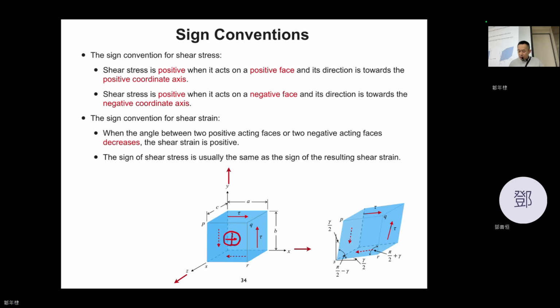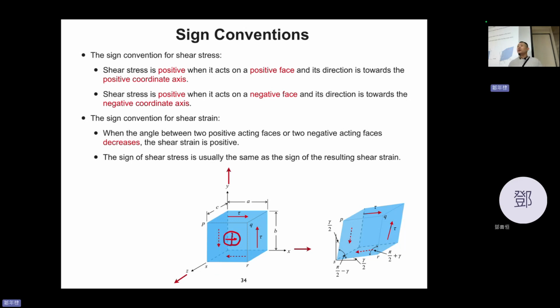Next one, if your shear stress is acting on a positive surface, and your direction goes along positive y direction, plus times plus is positive. 正正等正. All right. But on the negative direction surface, you have the negative y stress direction.